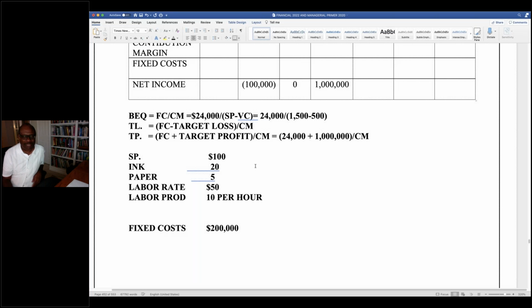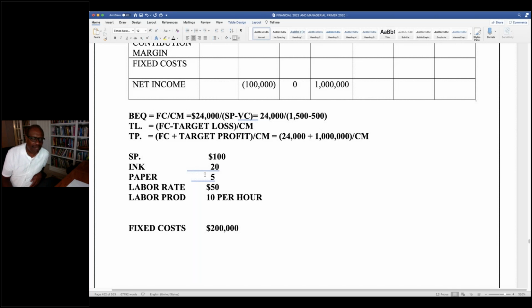No, that's not gonna be the variable cost. Oh wait, what am I talking about? It's gonna be 30. Well, thank you. Oh, you just adding ink and paper together?